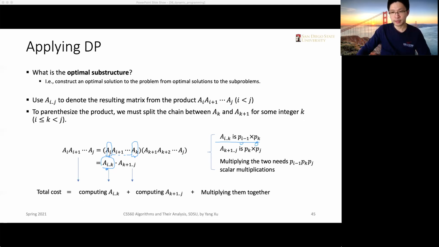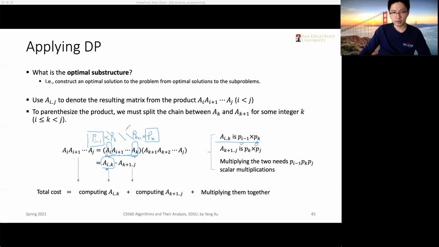We know that A_i has dimension p_{i-1} times p_i, and A_k has dimension p_{k-1} times p_k. After we have multiplied all these matrices together, those middle dimensions got eliminated, and the only dimensions left are the leftmost p_{i-1} and the rightmost p_k.